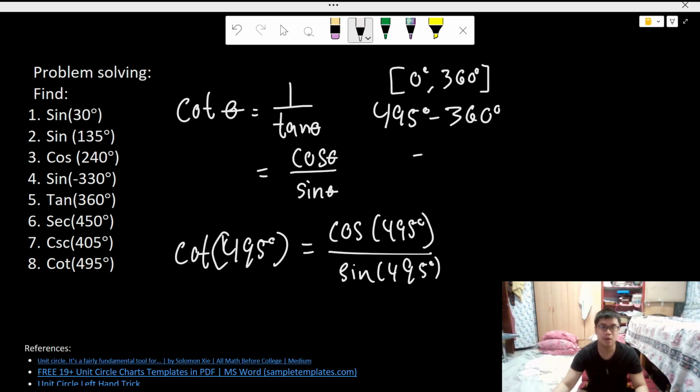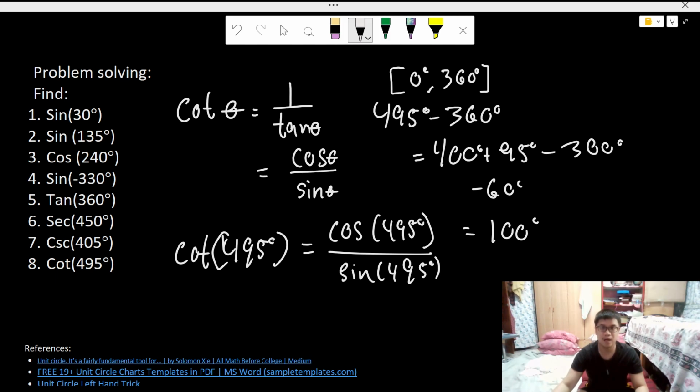All right, so I'll do the same technique here. This is just the same as 400 plus 95 degrees minus 300 degrees minus 60 degrees. If I combine 400 and negative 300 degrees, that is just 100 degrees.